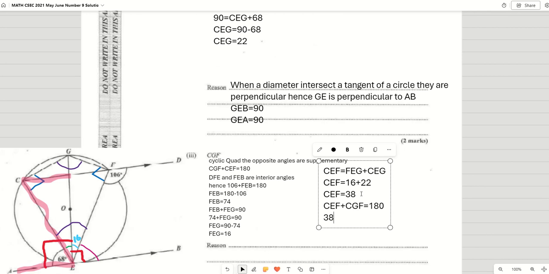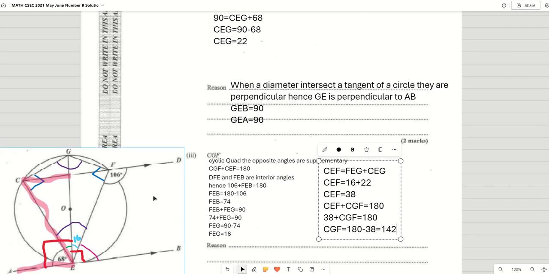So that's 38 plus CGF is equal to 180. So CGF is equal to 180 minus 38, which is equal to 142. So CGF would be equal to 142, and that is how you would do this question.